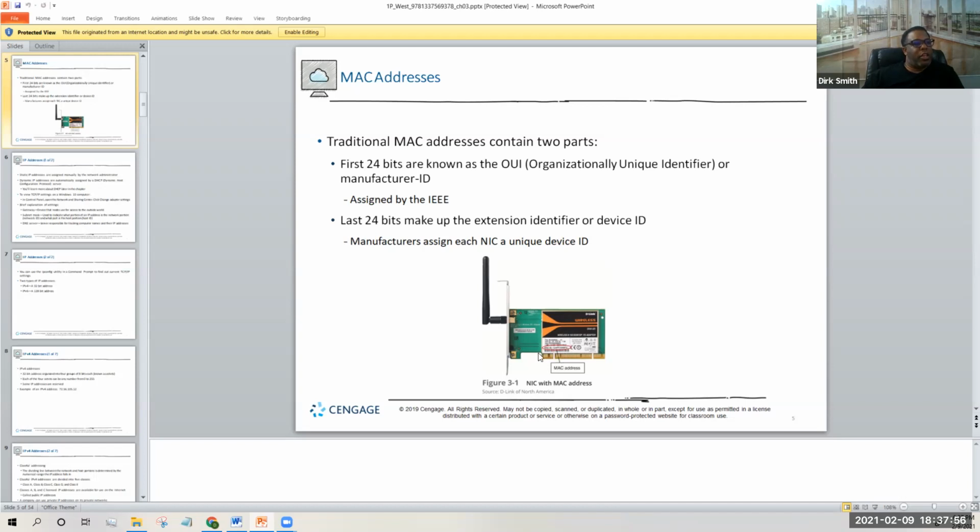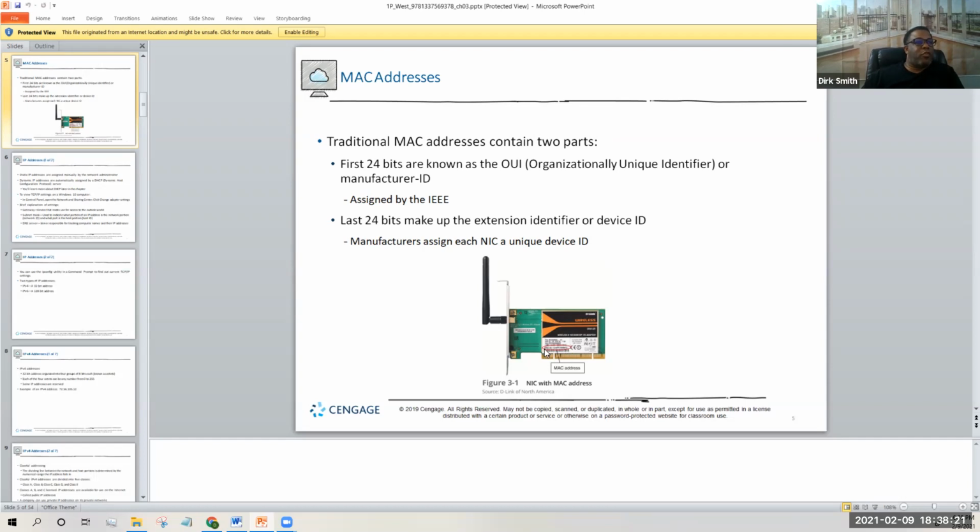In your book, or you can zoom in on the PowerPoint, you see the MAC address here circled in red. This is the physical address of the card. Just like your home has an address, this is the address of the computer on the network. It's broken up into 2 different segments. The first 24 bits are known as the organizationally unique identifier. This tells what company manufactured this card.